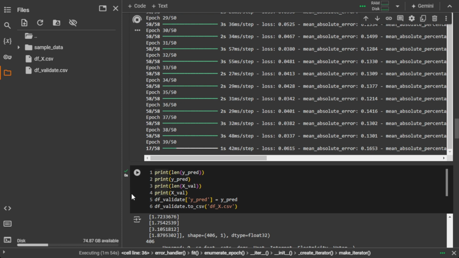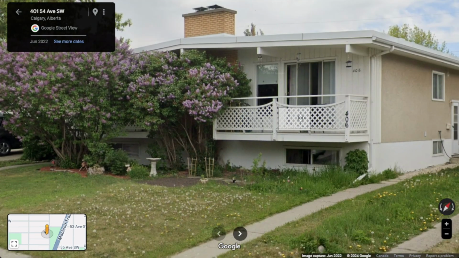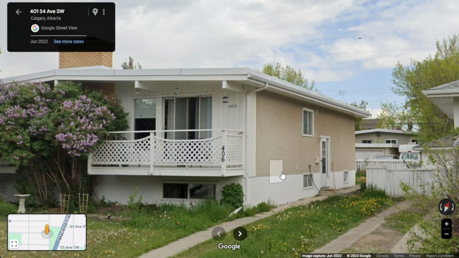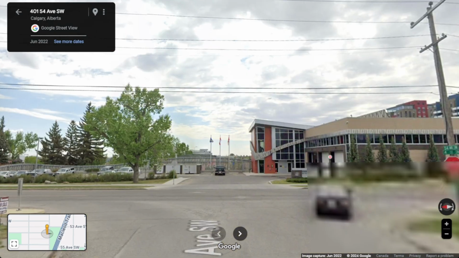That's what's going on. We still have 10 more epochs. Holy jeez, folks. Oh, here's a duplex, see? Sometimes these duplexes can be converted into fourplexes. If you create a separate entrance for the basement, then you have the top level and the bottom level on both sides. So boom, all of a sudden you have a fourplex.